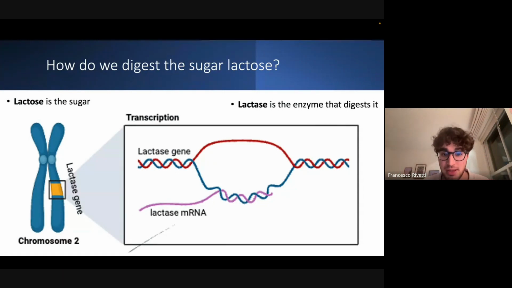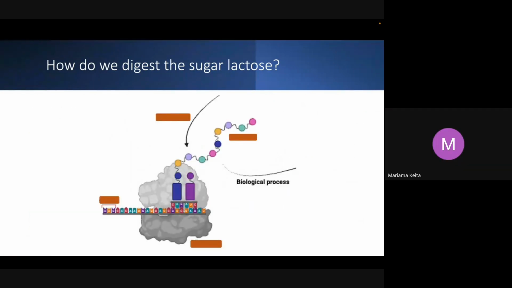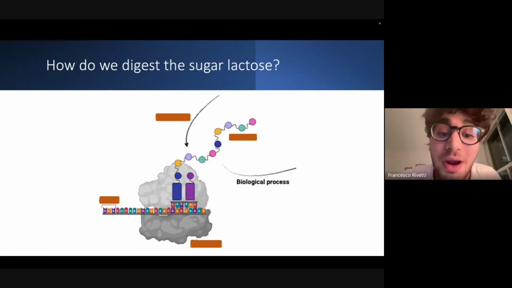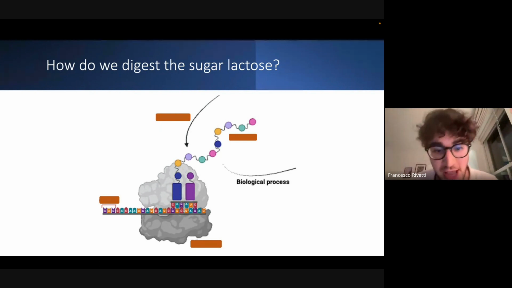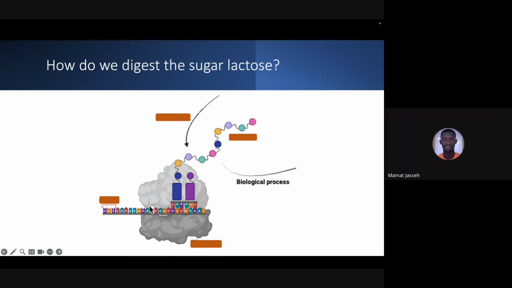The second step is, now with mRNA, what do we want? We want proteins. Perfect. Amazing. So now we're exiting the nucleus and interacting with the ribosome. Right, exactly.